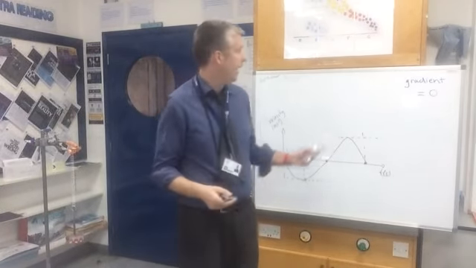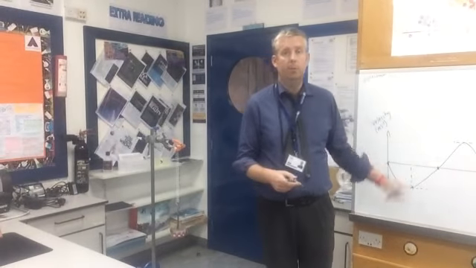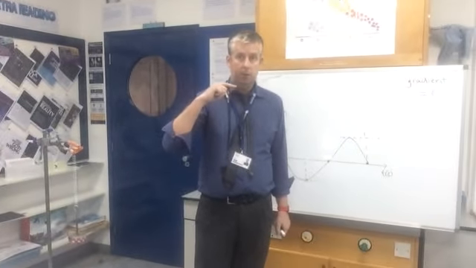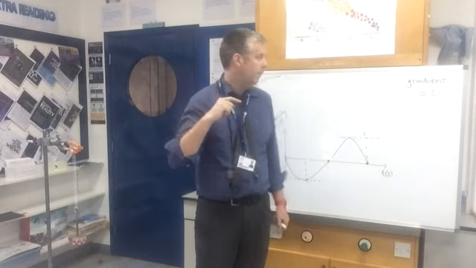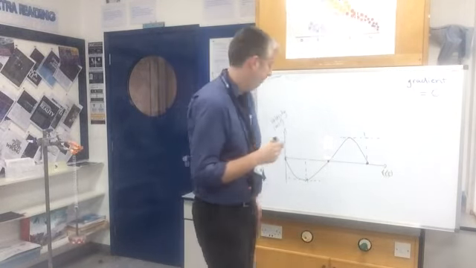So what I'm saying is the amplitude of the displacement time graph that I drew on the board before, and the top graph on this set of slides doesn't change maximum or minimum amplitude.